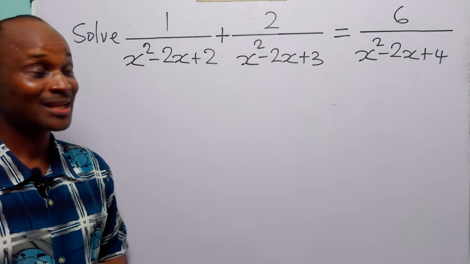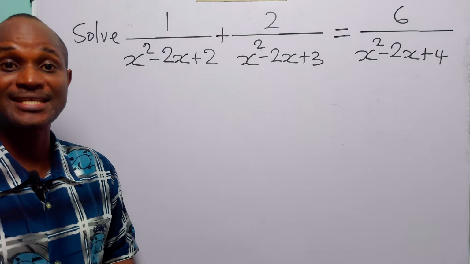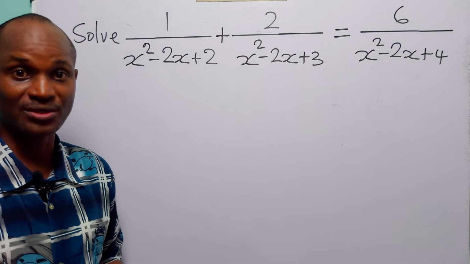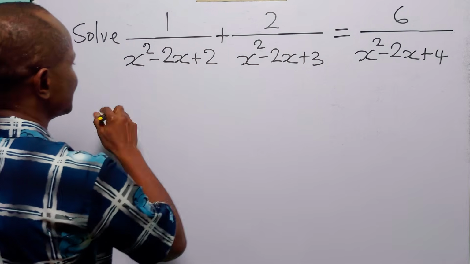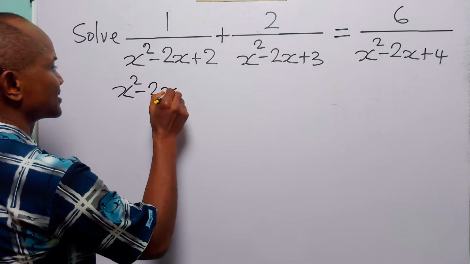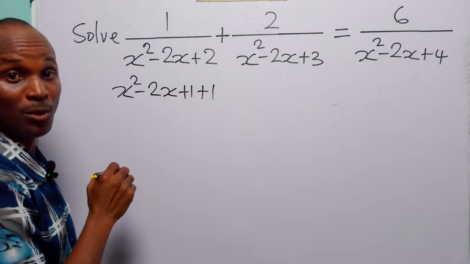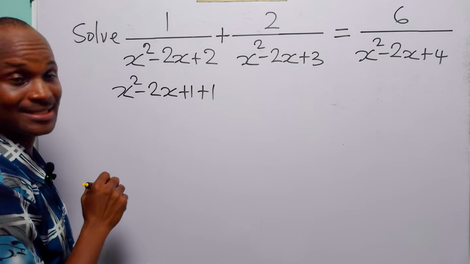Hello and welcome. The easiest way to solve this rational equation for real values of x is to start with a substitution. Now notice that we can write this denominator as x squared minus 2x plus 1 plus 1. 1 plus 1 is equal to 2. Every other thing is the same.